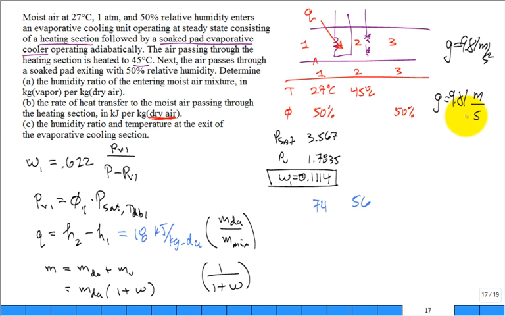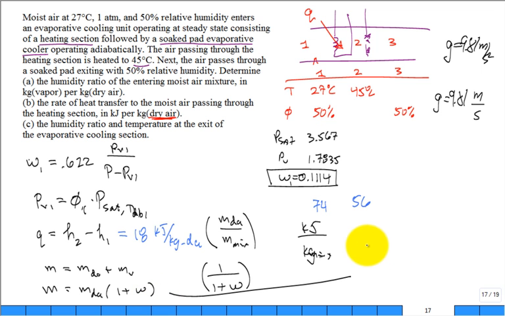I'm a little confused with what you just did. Well, I want to put it in kilojoules per kilogram of the mixture. And so maybe I should have done another step. This equation is the mass of the mixture is equal to the mass of the dry air times 1 plus omega.